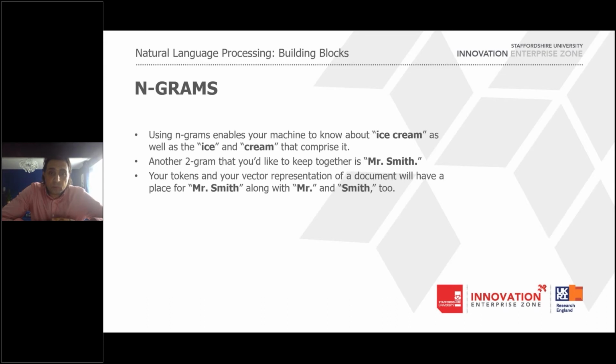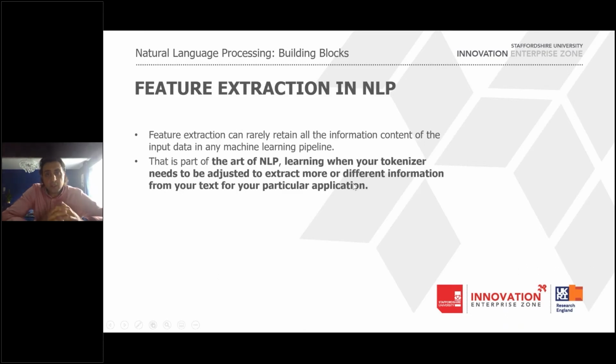Another 2-gram that you would like to keep together is Mr. Smith. Your tokens and your vector representation of a document, as we're going to discuss, will have as part of its vocabulary Mr. Smith, as well as Mr. by itself and Smith by itself. These will be 3 entries in your vocabulary.